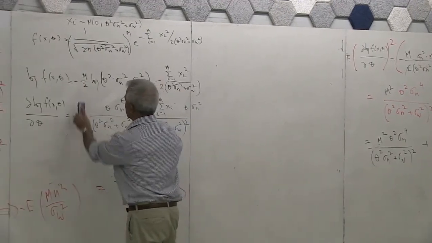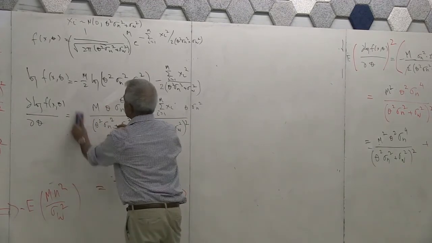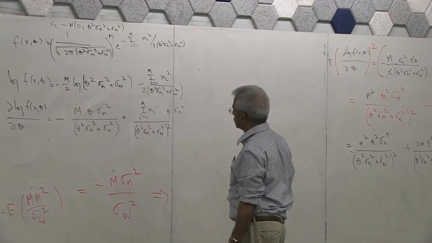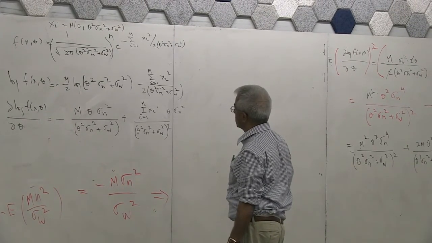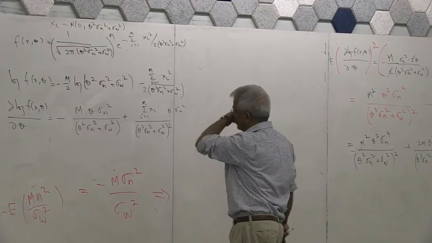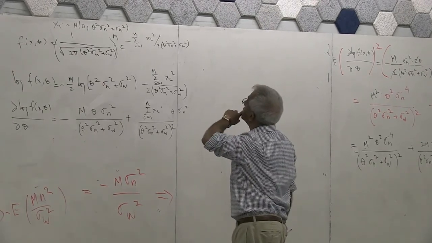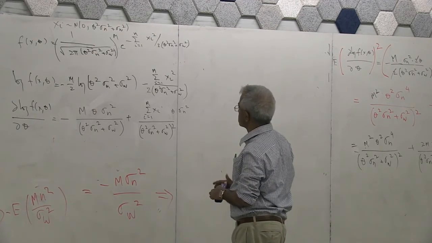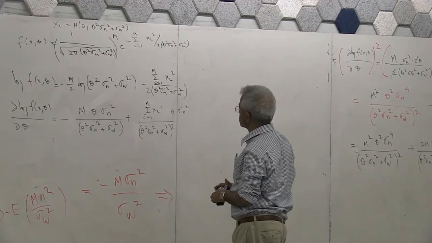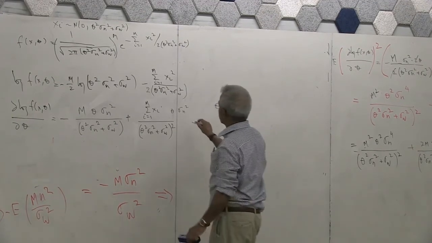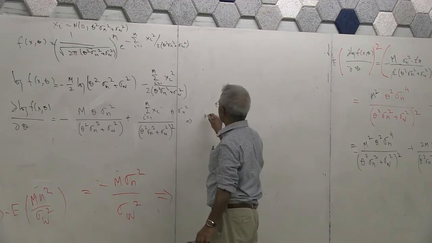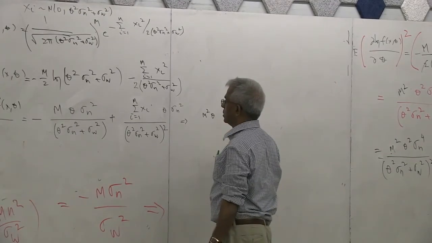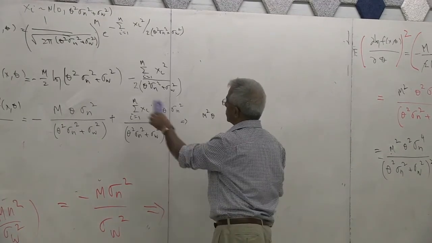So the point is there is a minus m here, right? Log, m by 2. So if you square this, as we said, we have the square of that, m squared theta, and the 2 goes away, right?